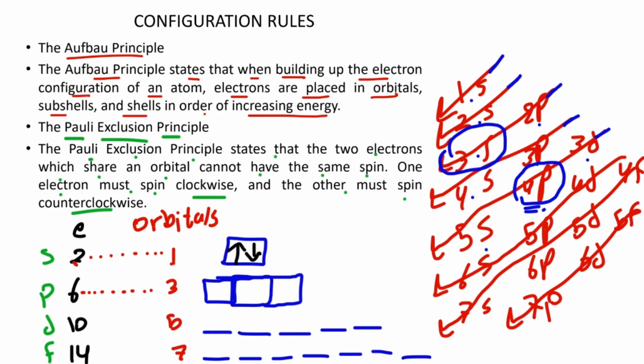They cannot be the same spin. So upward means clockwise, and downward means counterclockwise. You can't put 2 electrons clockwise, this is wrong. You can't put 2 electrons counterclockwise, this is wrong. They must be one clockwise and the other counterclockwise.